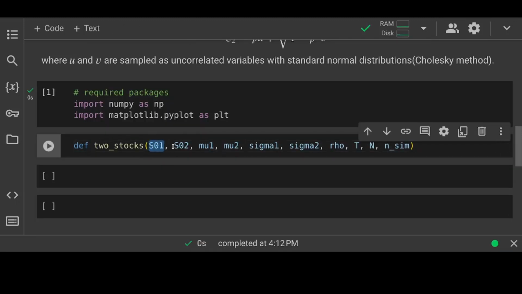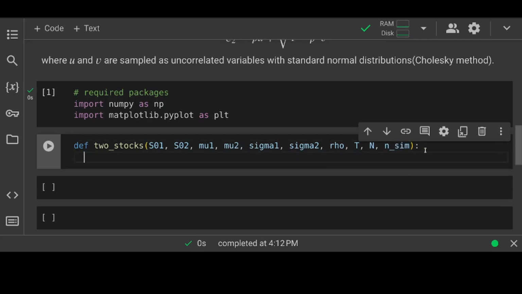S01 stands for the initial price of the first stock, S02 stands for the initial price of the second stock, mu1 is the expected rate of return for the first stock, mu2 is the expected rate of return for the second stock, sigma1 is the volatility for the first, sigma2 the volatility for the second, rho is the correlation, capital T is the time to maturity, you can say, n is the number of steps, and nsim stands for the number of simulations we are going to take.